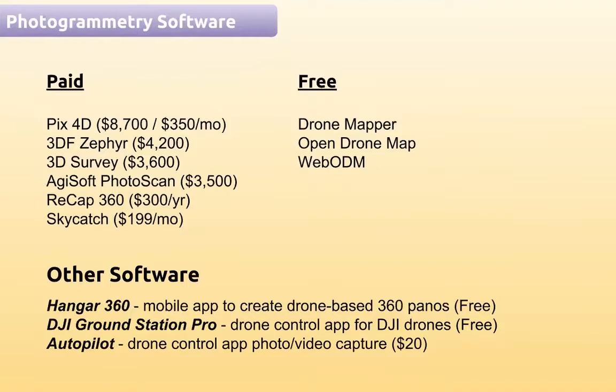It will tell you how much it costs, what type of outputs it can do, and what operating platforms it's available on. It's good to go through, and it has links to the websites so you can check those out individually.